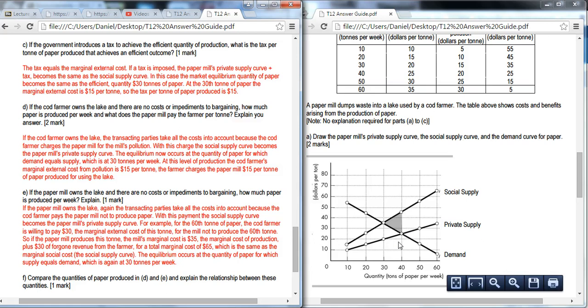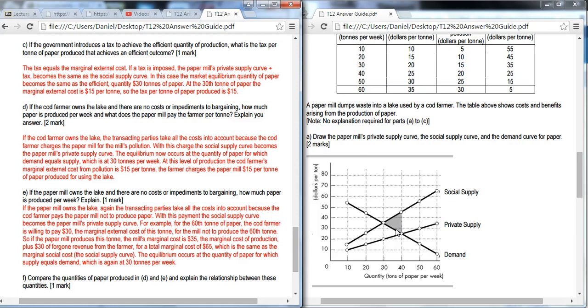If they're going to, for example, at 40 tonnes of paper a week, or at 35 tonnes, well, how much is it going to cost them to make that much? Well, it's going to cost them this much anyway just to make the paper. But then they're also going to have to pay this additional amount, which is what it's going to cost the farmers. And what price do they get for their paper? Well, only this much. So it's not going to be worth their time to do that.